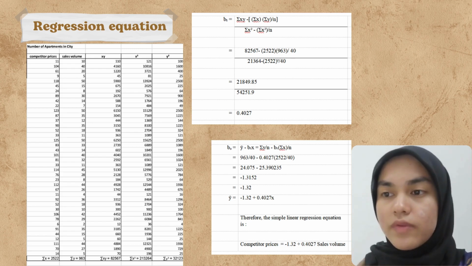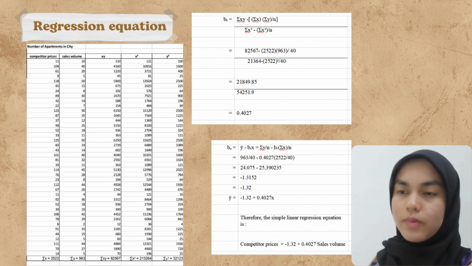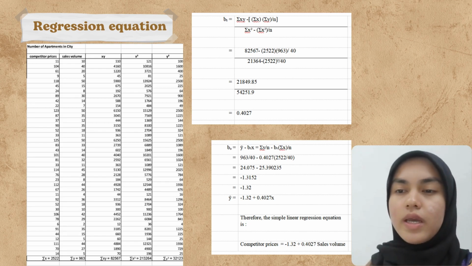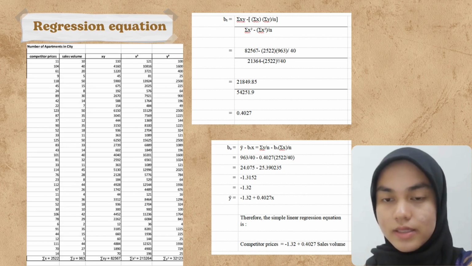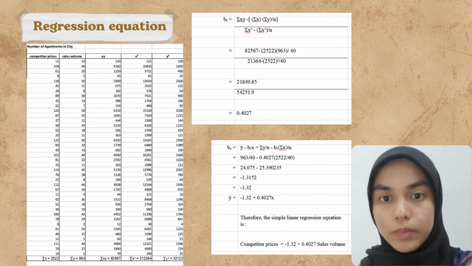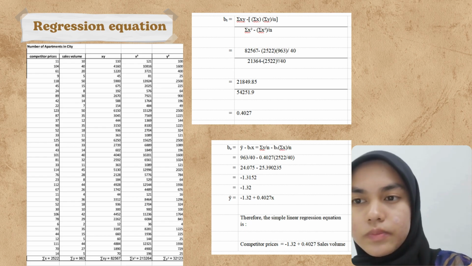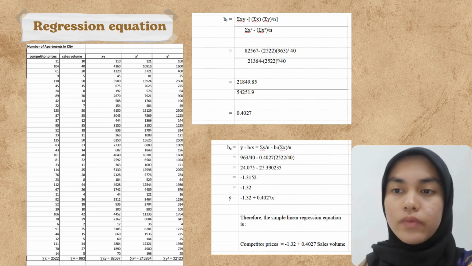Next we have to find the intercept. The formula of intercept is equal to the total of y over n minus the value of slope multiplied with the total of x over n.